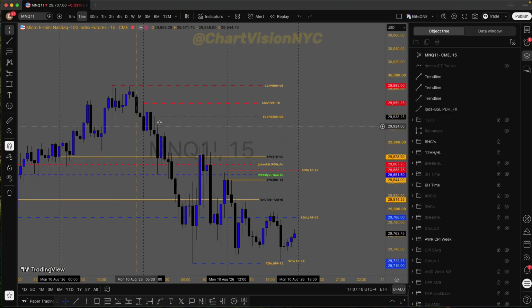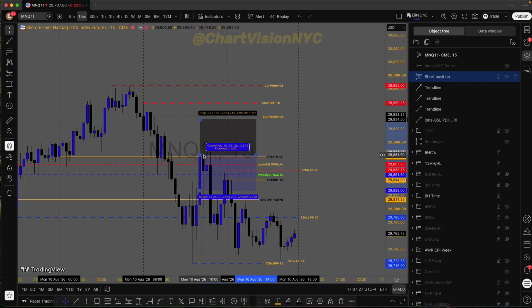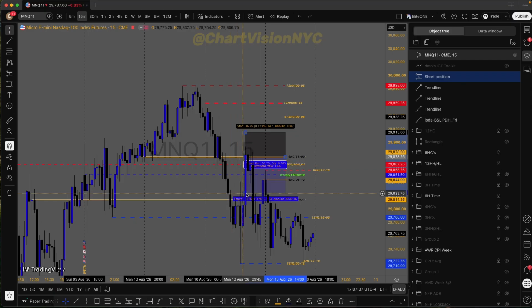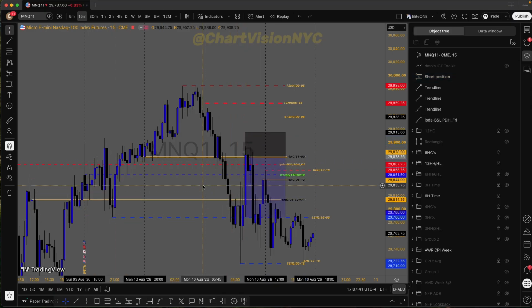So let's get that trade on there, because here's what it would have been. We would have been at 878.50, and we would have been targeting the same draw that we would have been targeting if we got in up here at 938 and a quarter.